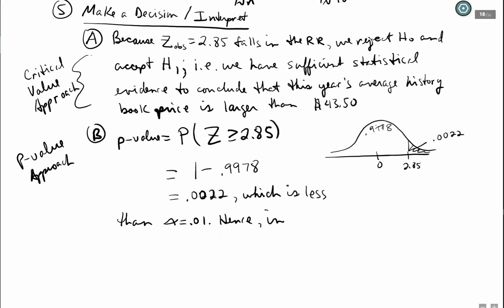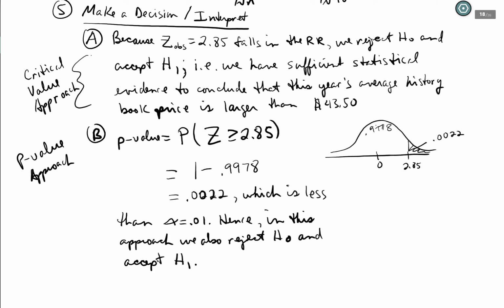Hence, in this approach, we also reject H0 and accept H1. Okay.